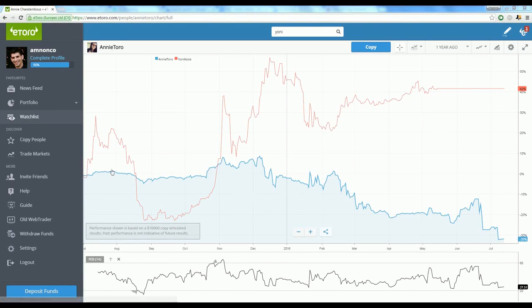Could we do a trailing copy stop loss? Well, not at the moment, but that's a feature that we're working on. So it's on the table, a trailing CSL is coming. Okay, that's good news. News to me as well, so that's great.